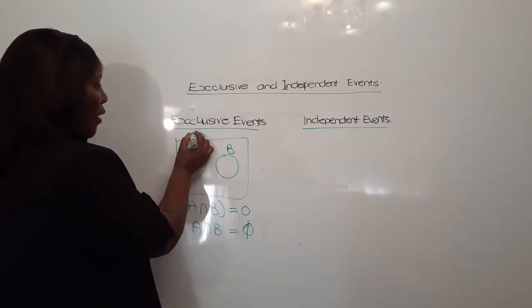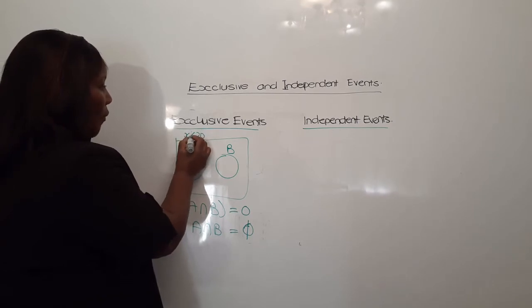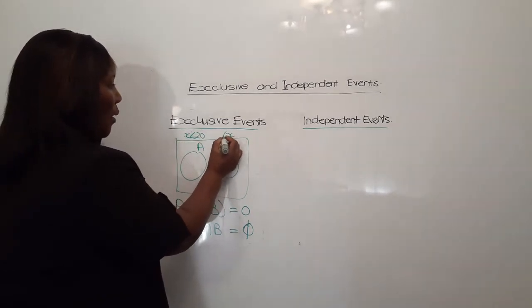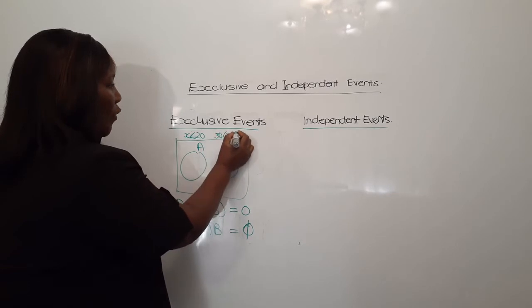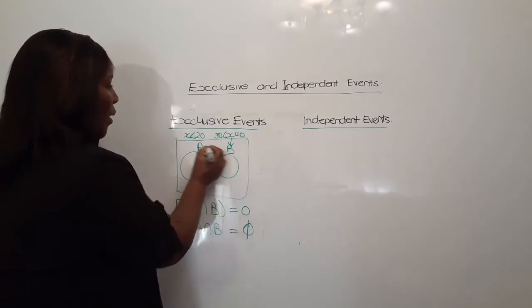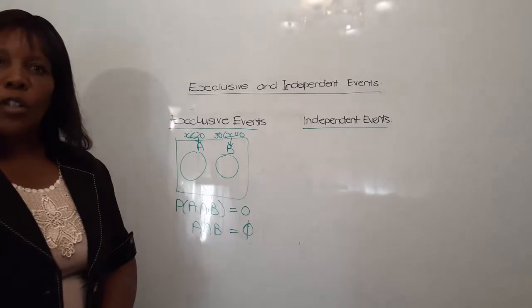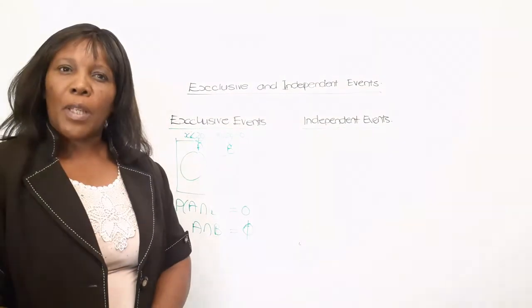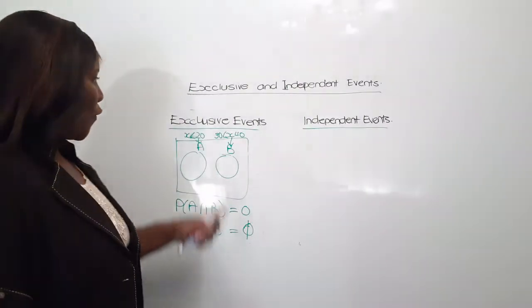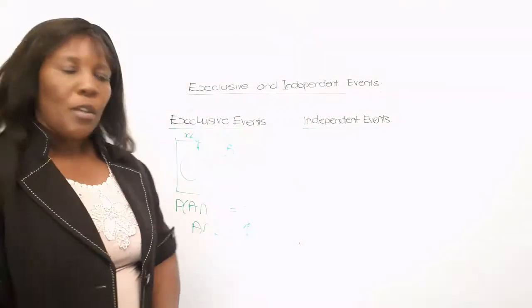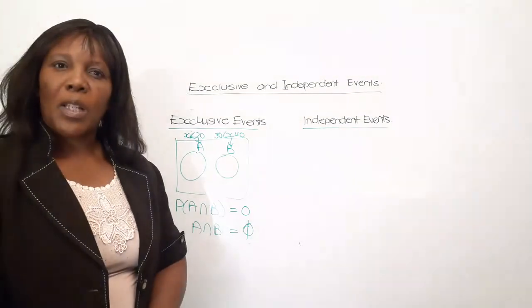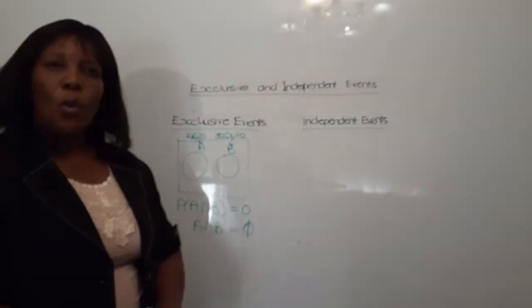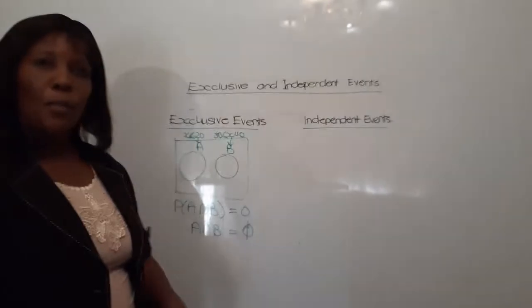If you are less than 20 and you are between 30 and 40, this is set B, that is set A. You cannot find anyone who can be in set A and be in set B at the same time. So if you are less than 20 years, you are in set A. If you are between 30 and 40, you are in set B, and there's no one who can be in both sets because your age is fixed. This is an example of mutually exclusive events.